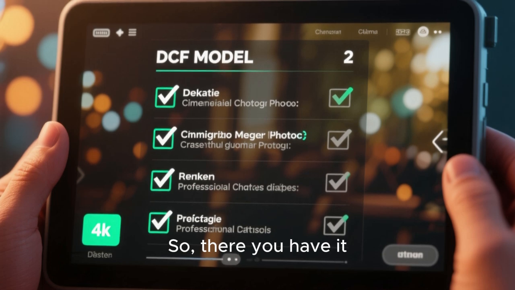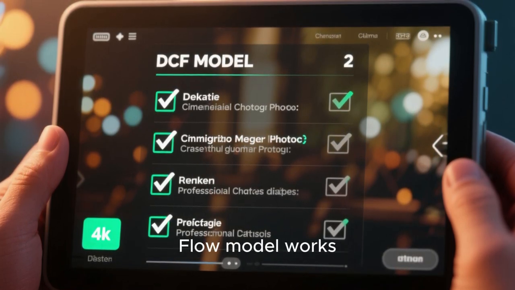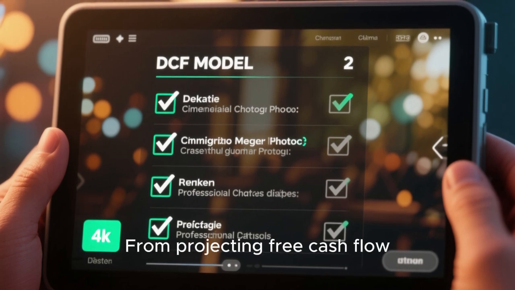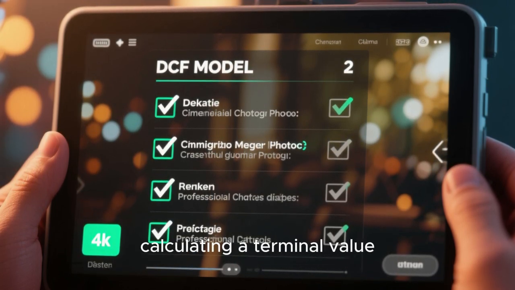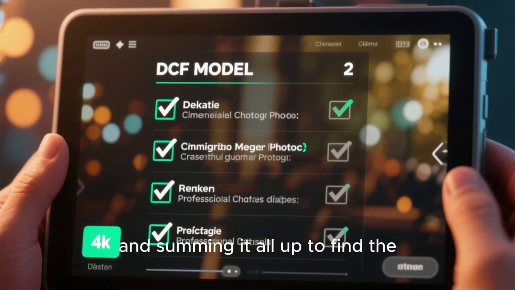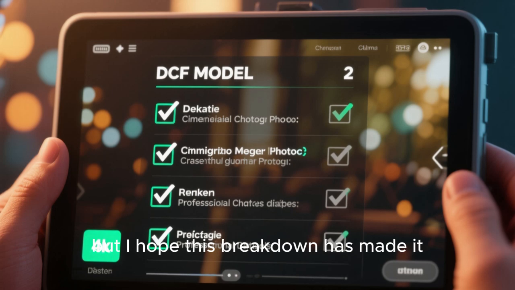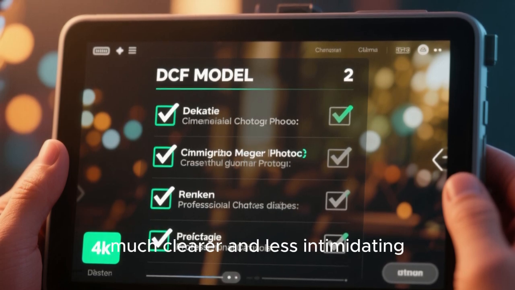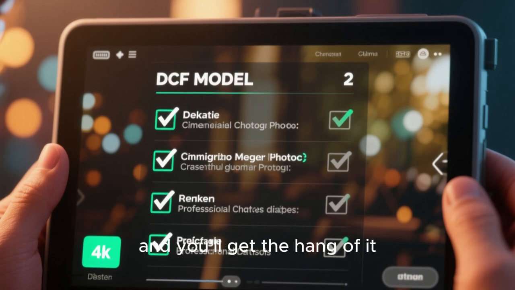So, there you have it, a step-by-step guide to how the discounted free cash flow model works. From projecting free cash flow to choosing a discount rate, calculating a terminal value, and summing it all up to find the intrinsic value. It's a lot to take in, but I hope this breakdown has made it much clearer and less intimidating. Practice with a few companies you know, and you'll get the hang of it.